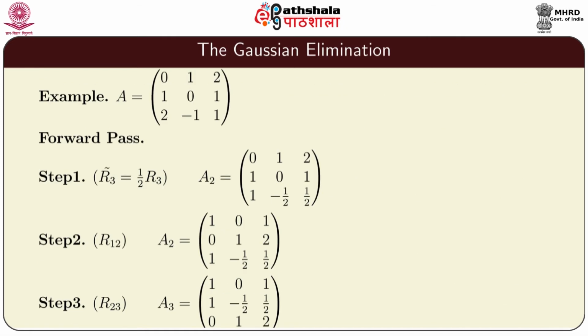Look at the matrix A, which is a 3 cross 3 matrix, and you can see that it is not in echelon form, because the first non-zero entry of the first row is 1, which is appearing in the second column, whereas the first non-zero entry of the second row is appearing in the first column, which is not allowed.